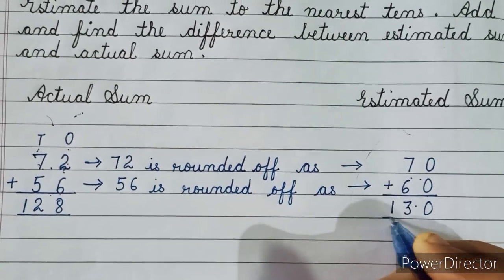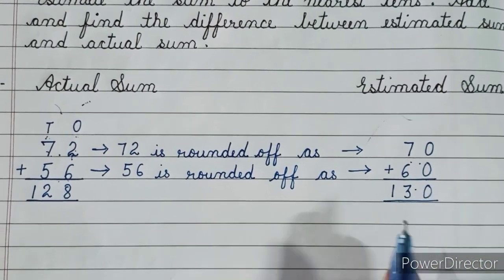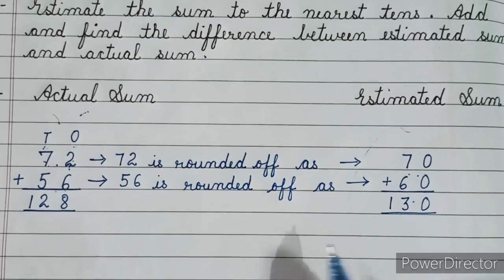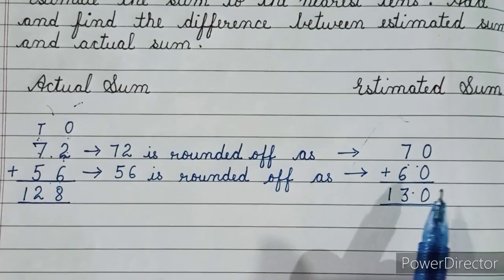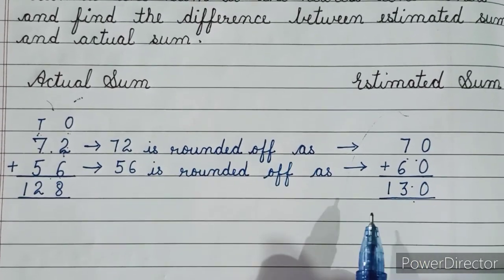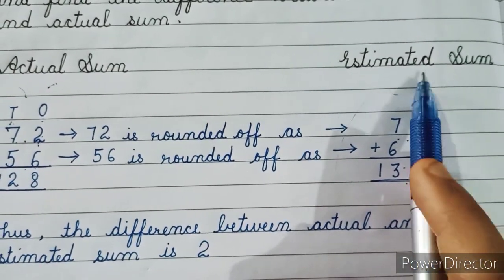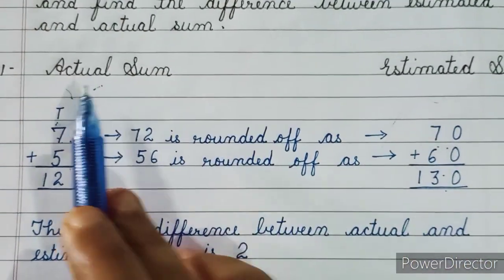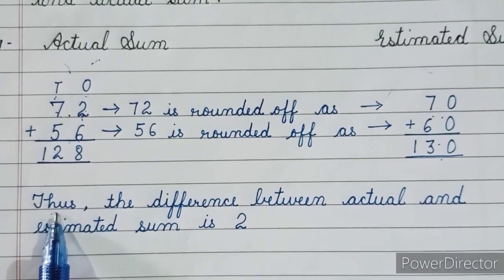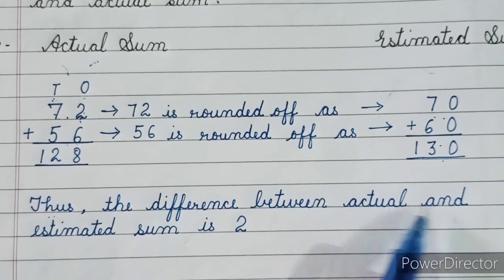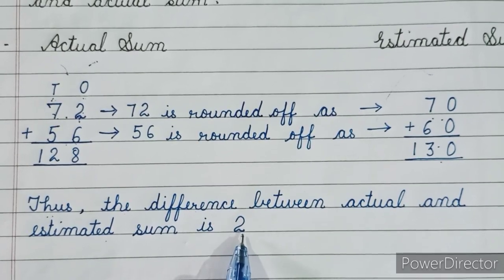Here the answer has come 130. So children, in this way you can see the difference between actual sum and estimated sum is 2. You can see the estimated sum written here is 130 and the actual sum is 128. Okay, so the difference between actual sum and estimated sum is 2, right? Okay.